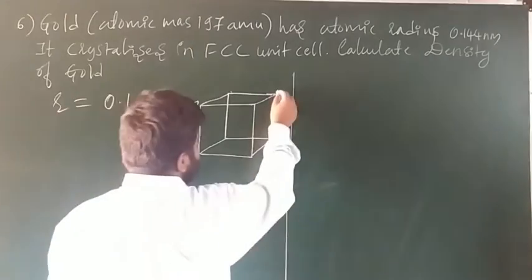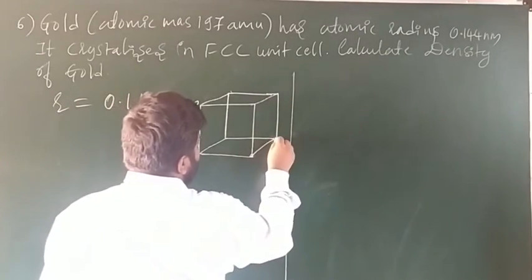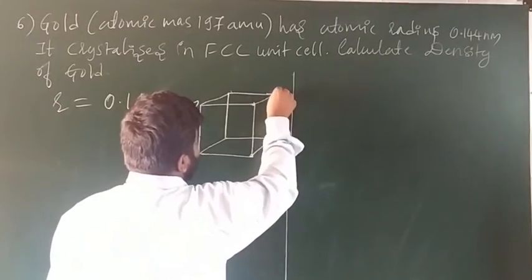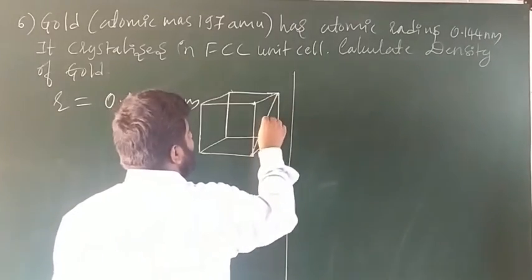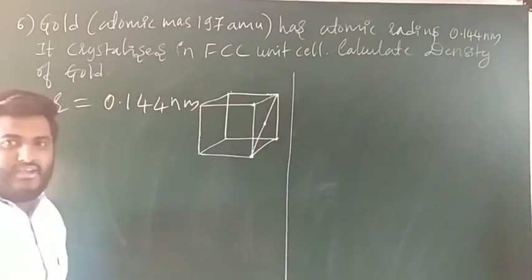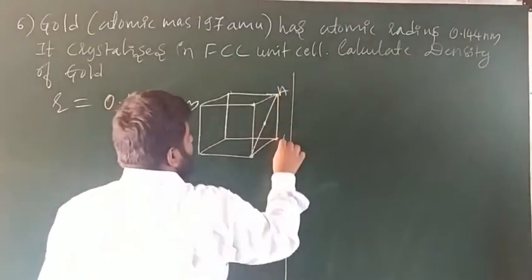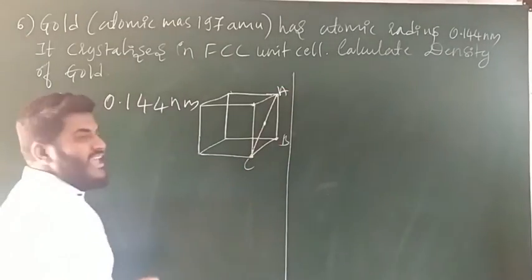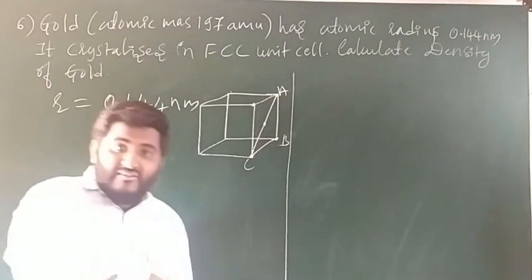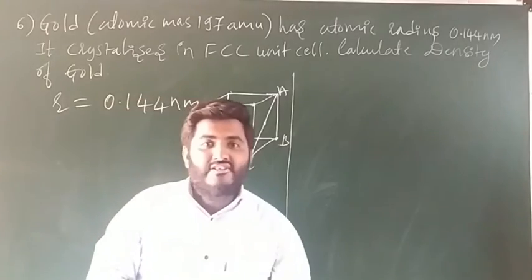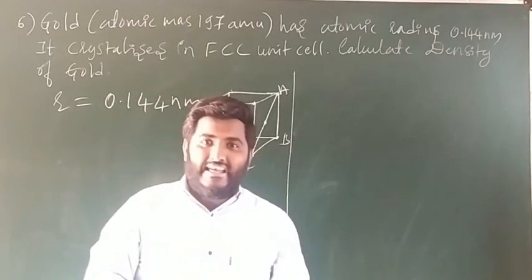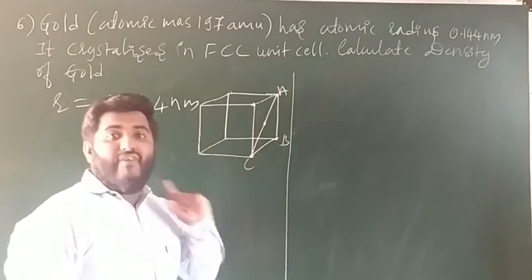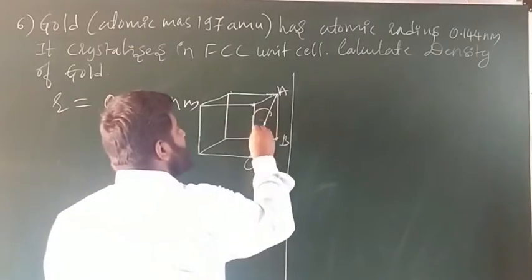Face centered means that along with the 8 corners, we have one atom at every face. So A, B, C: AC is the face diagonal. In the previous problem we discussed the body diagonal AD, but here AC is the face diagonal. Here also 3 spheres are there.